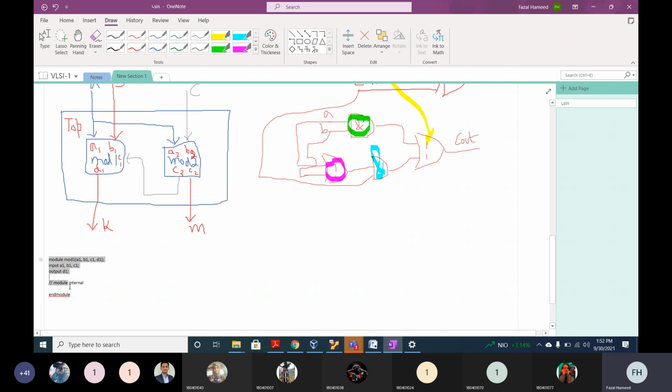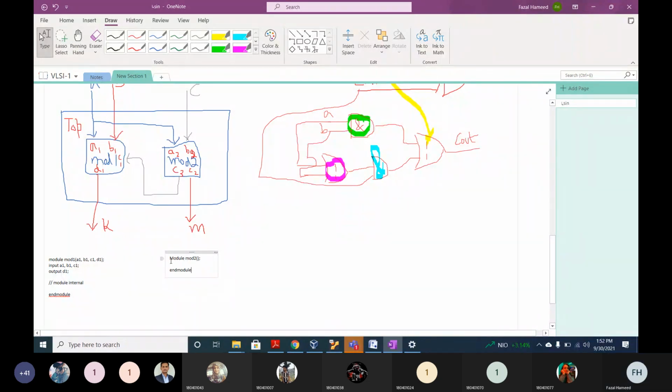But if you look at module 2, mod 2, this is the name of module 2.